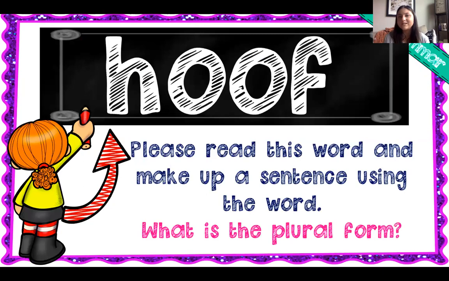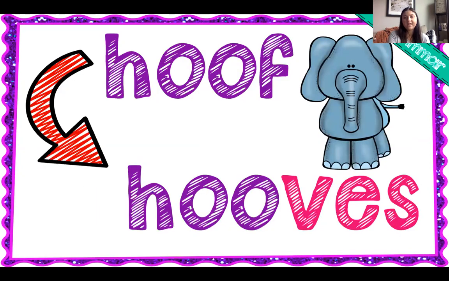All right, this word is hoof. The horse's hoof was stuck in the mud. The horse's hoof, just one singular hoof. Now I'm going to change it to hooves. Hooves. Watch how I took off the F and added VES.